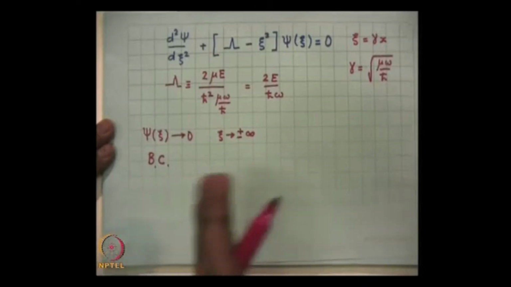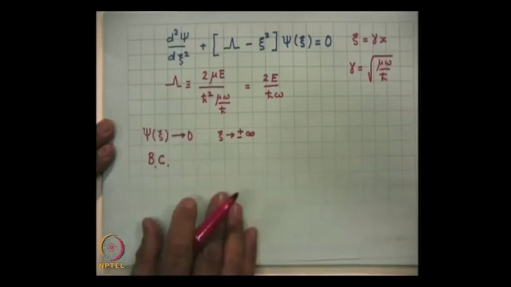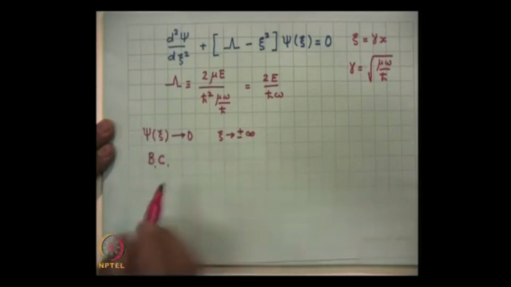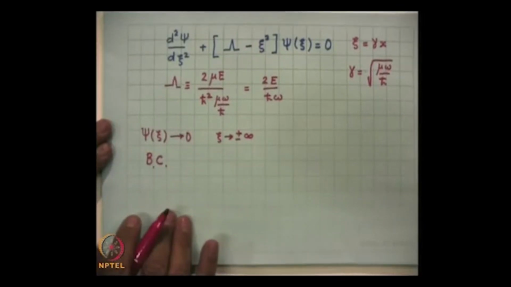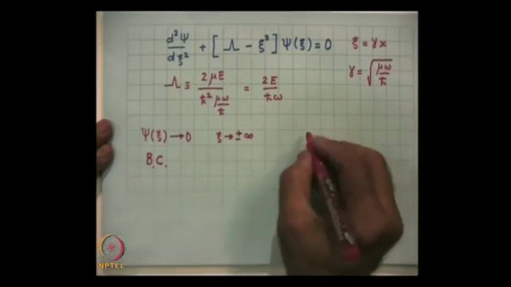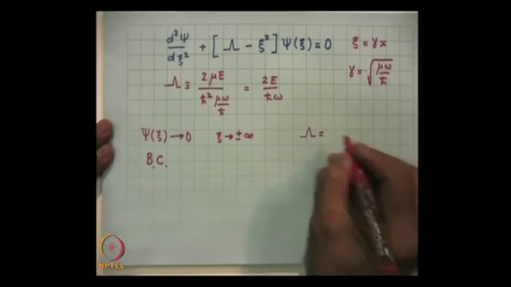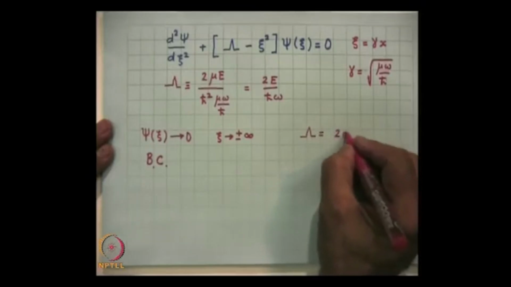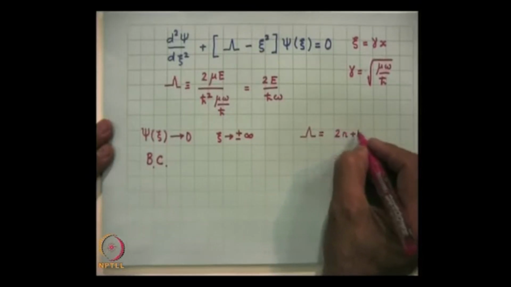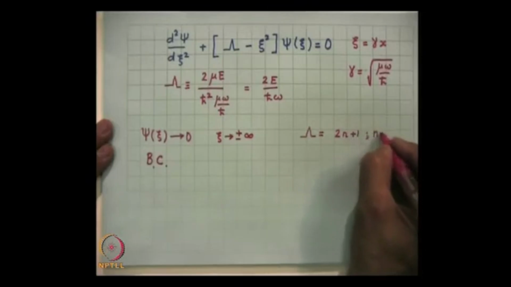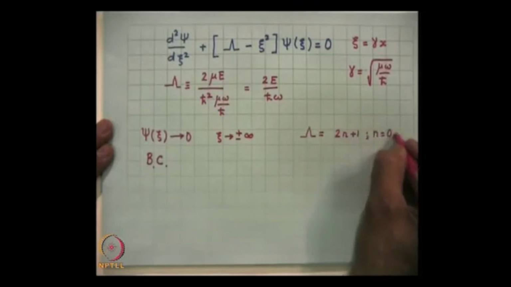Only then it will be a well behaved function. So, if I impose this boundary condition, we will find that lambda must take only an odd integer value 2n plus 1, where n is equal to 0, 1, 2, etc.